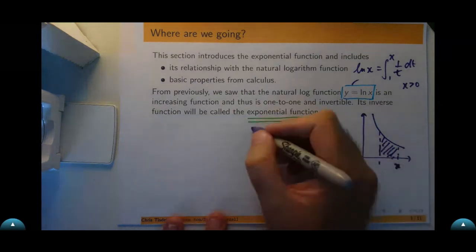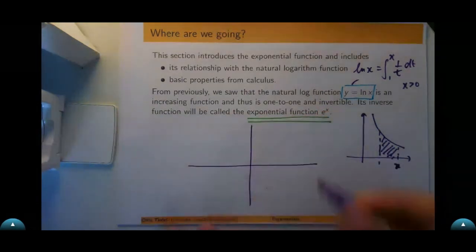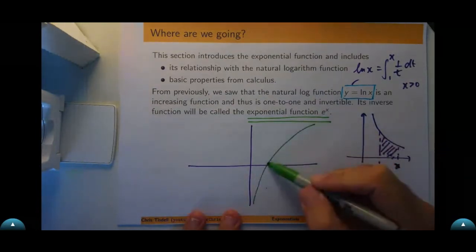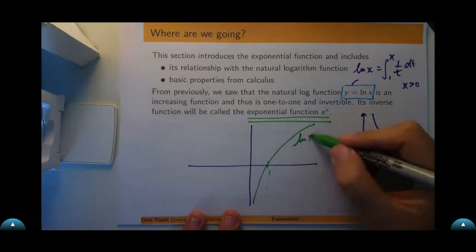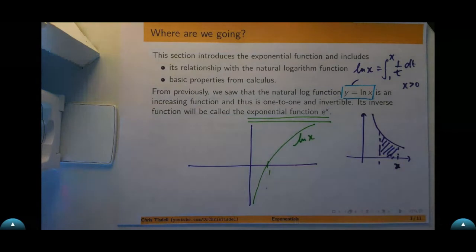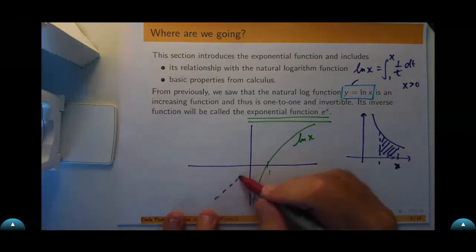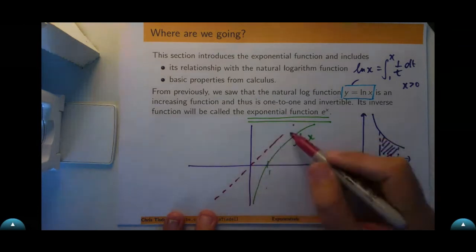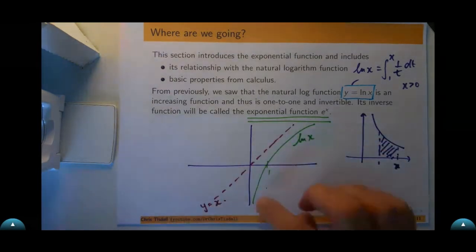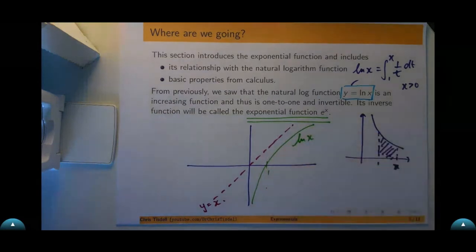And now, one thing that we can do with the logarithm function, which looks a bit like this, is that it's an increasing function, and so we can invert it. This is like the line y equals x here. I know that's an increasing function, therefore it's 1-to-1, and it must have an inverse.